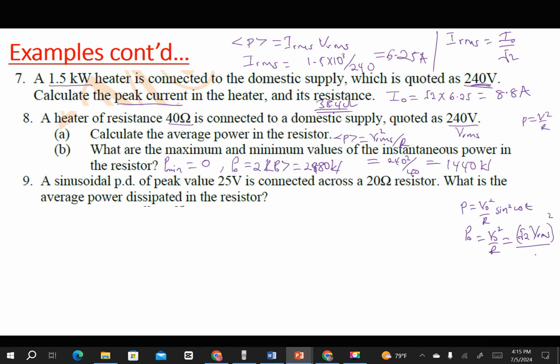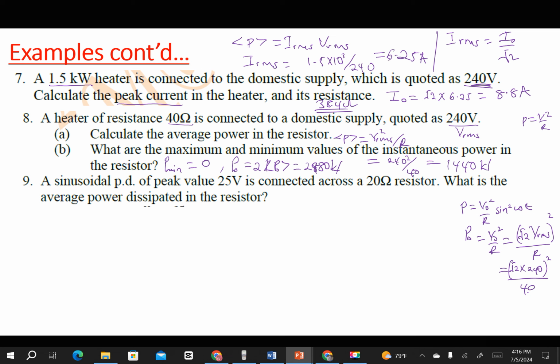Then I divide this by R. V naught is root 2 times the root mean square, so I'm now trying to substitute here. This is going to be root of 2 times V root mean square, which was 240, but remember this should be squared. Then I divide this by R, which is 40.